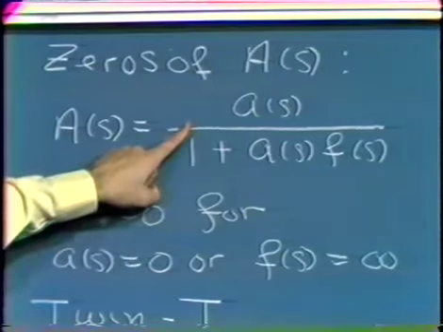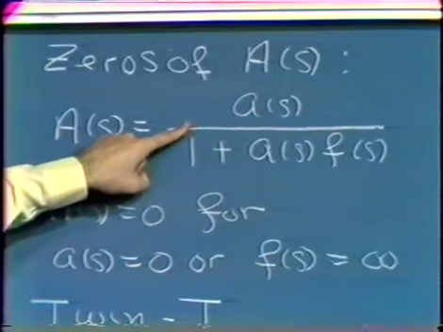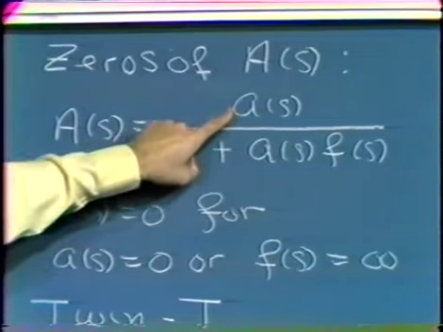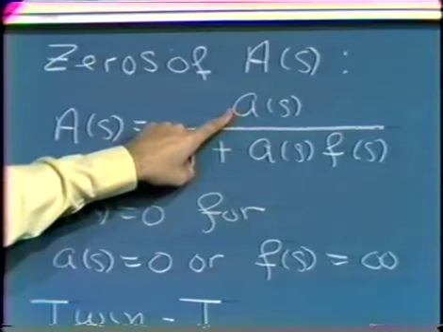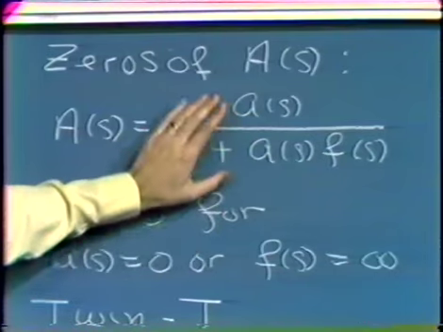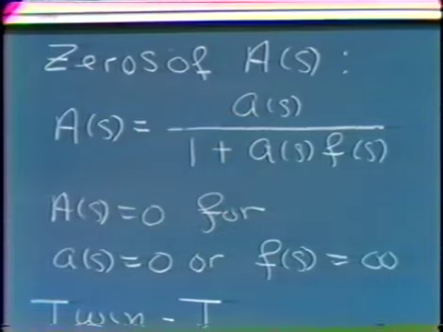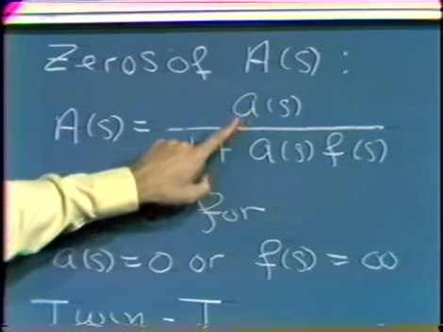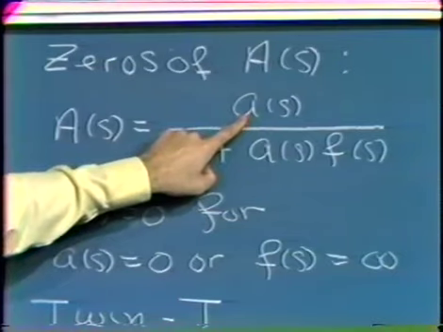In other words, for what value of s does A of s equal 0? Well, if we look at the expression for capital A of s, we can argue that it goes to 0 either when the numerator goes to 0 or when the denominator becomes infinite with the numerator remaining finite. The first case happens when small a of s goes to 0.